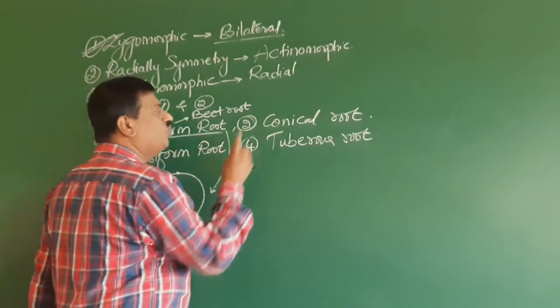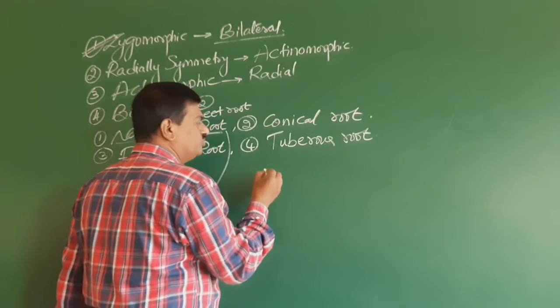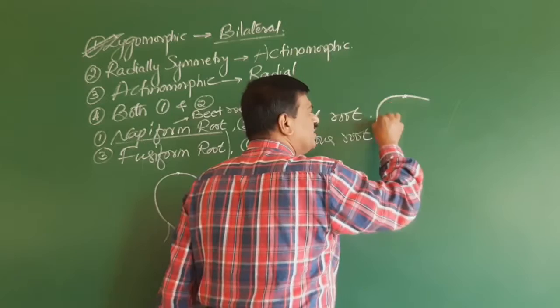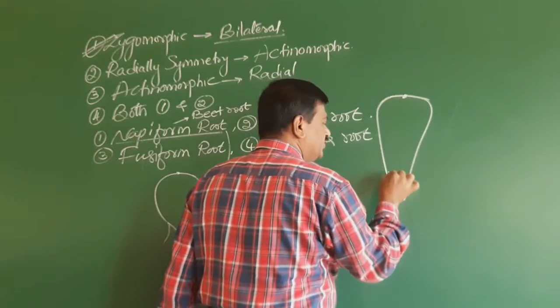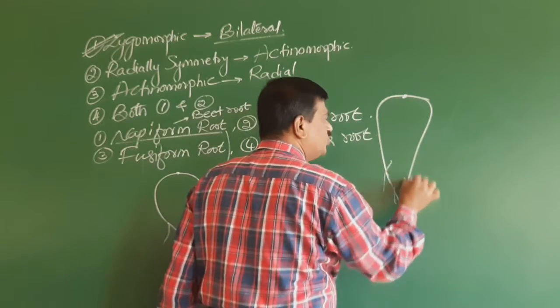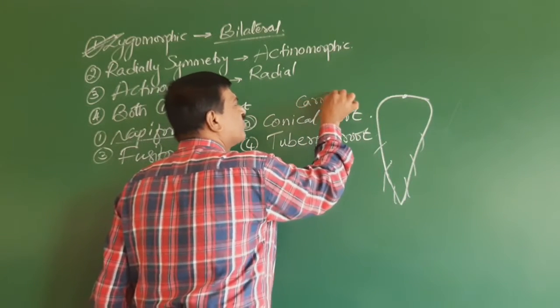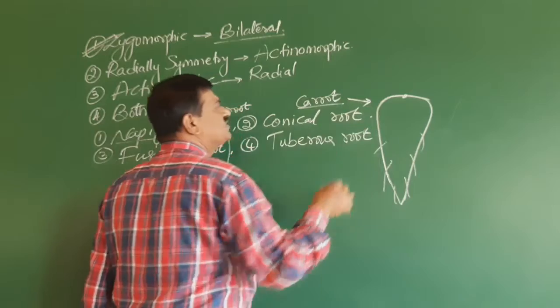When we go for a conical root, the radicle gives rise to large swelling and leads to sudden tapering, or gradual tapering can be seen. This is in carrot, Daucus carota.